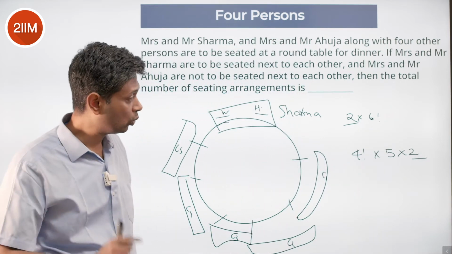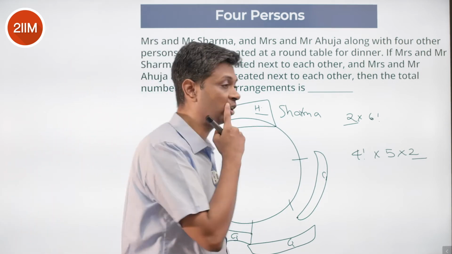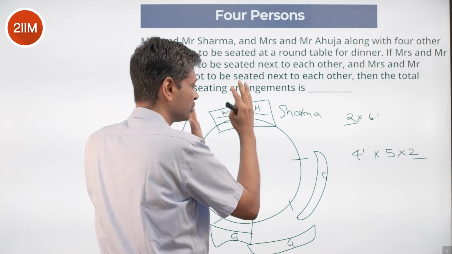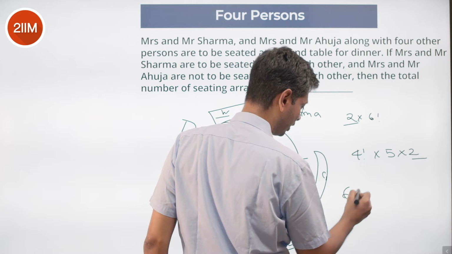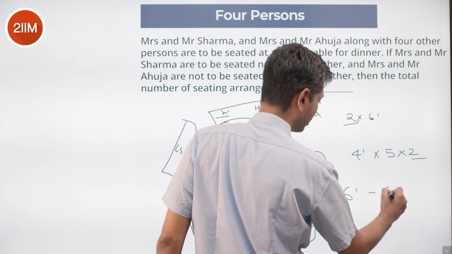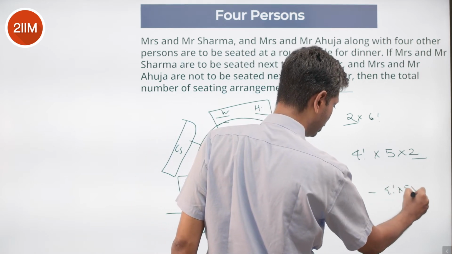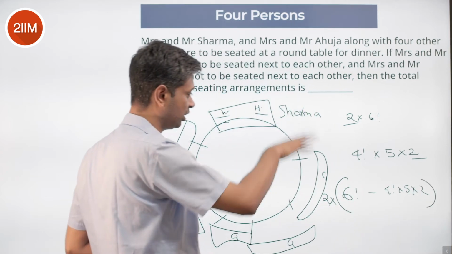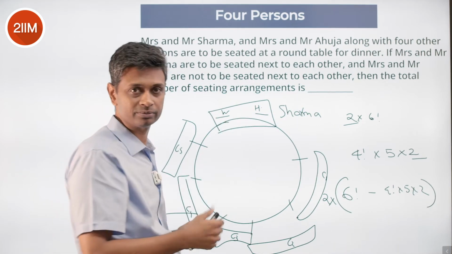Now, how do I combine this? I have to subtract one from the other, but I have to keep one thing very carefully in mind. Given one sequence of Sharmas, that is 6 factorial, I'll have to subtract 4 factorial into 5 into 2. The whole thing into 2, for husband-wife and wife-husband.